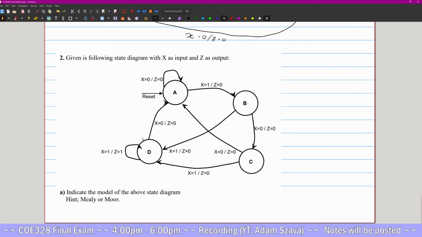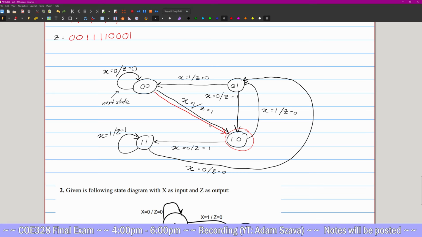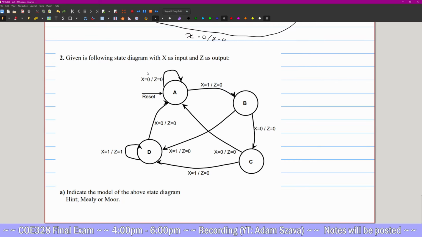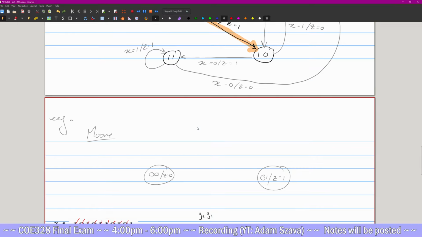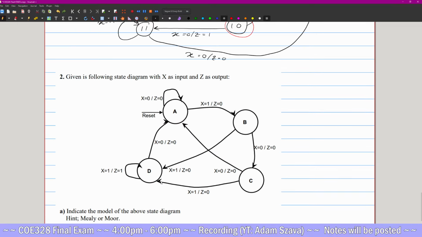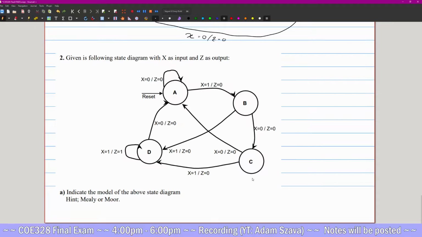Well, it should be kind of clear, but based on our discussion above, given the following state diagram with X as input and Z as output, indicate the model. So is it a Mealy or Moore model? And there's our reset. I guess I could put that in the diagram here too. Anyways, what are we thinking? Mealy or Moore?